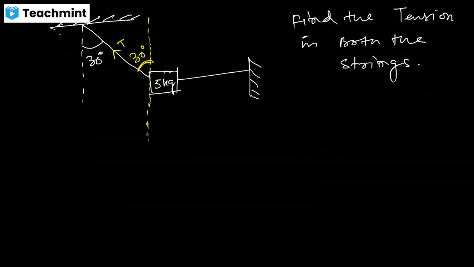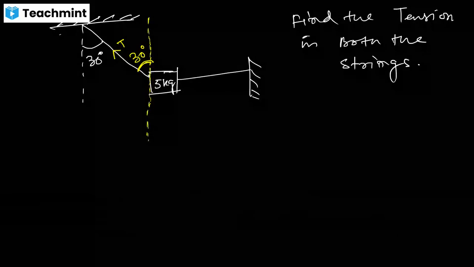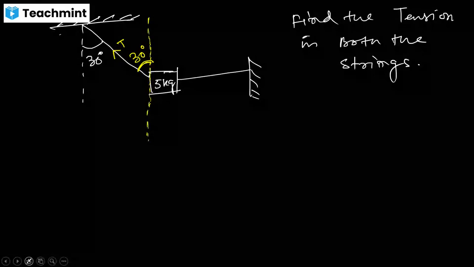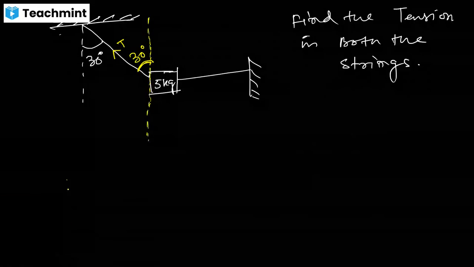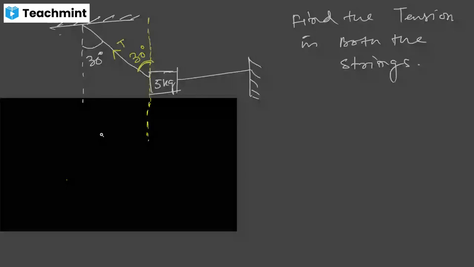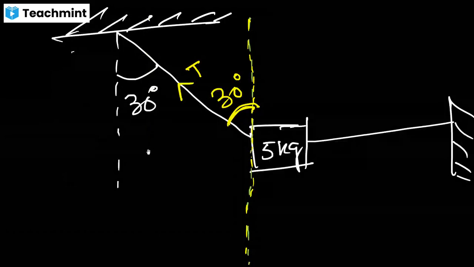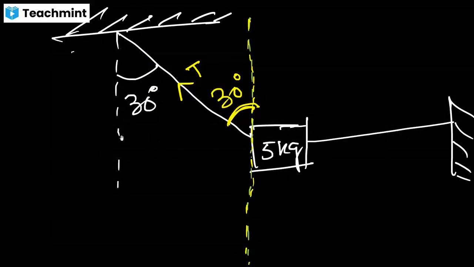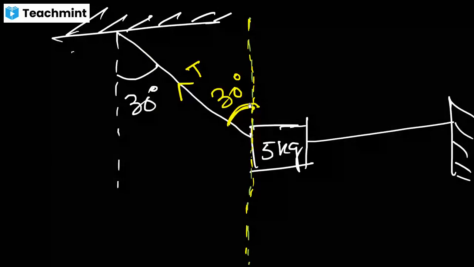Is the white color line the base or the yellow color line the base? The white color line is also the base, and the yellow color line as well.